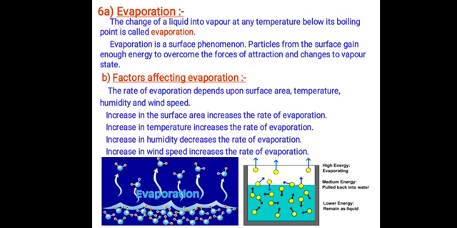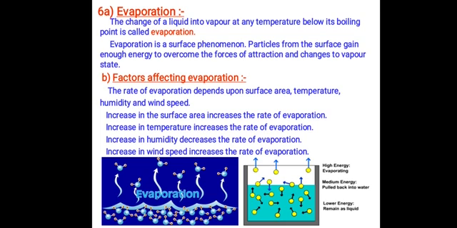Evaporation is a surface phenomenon. Particles from the surface gain enough energy to overcome the force of attraction and change to vapor state. The factors that affect the rate of evaporation are the surface area, the temperature, humidity and wind speed.